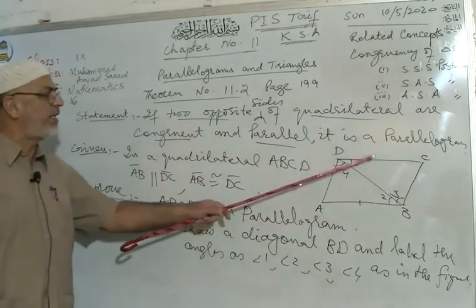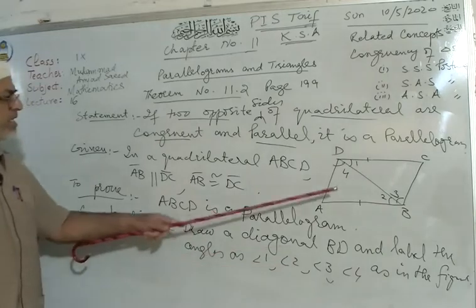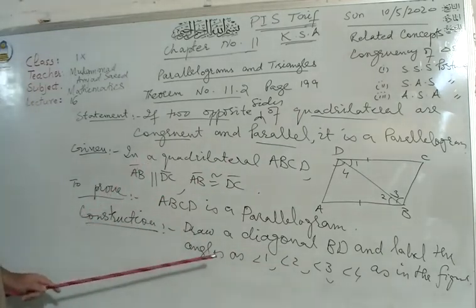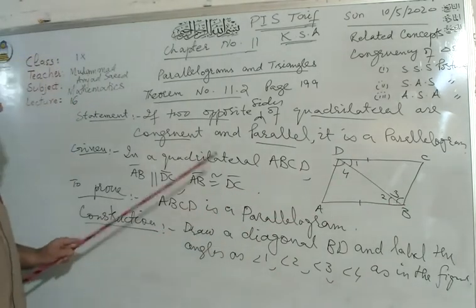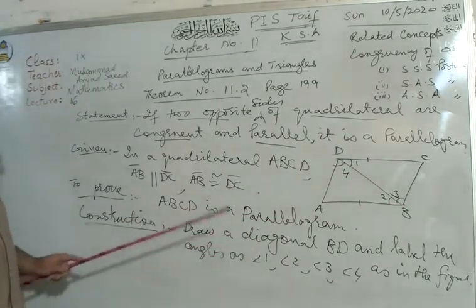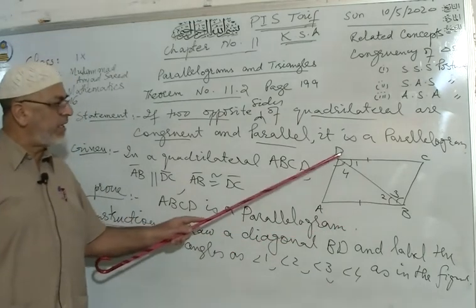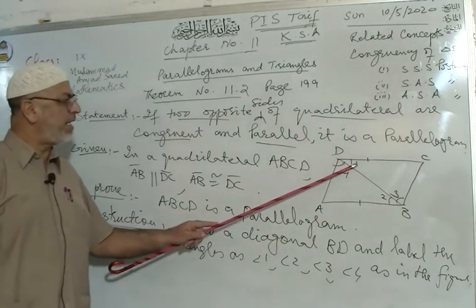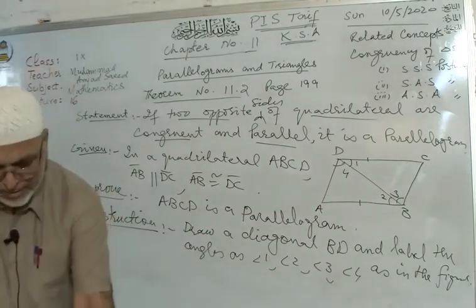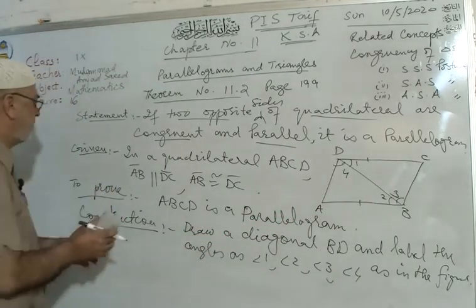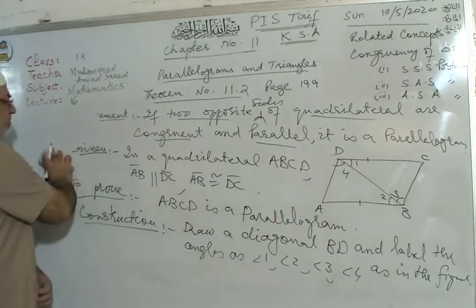What is to prove? ABCD is a parallelogram. Construction: draw the diagonal BD and label the angles as angle 1, 2, 3 and 4 as shown in the figure. Now we have the proof, the most important part of your theorem.